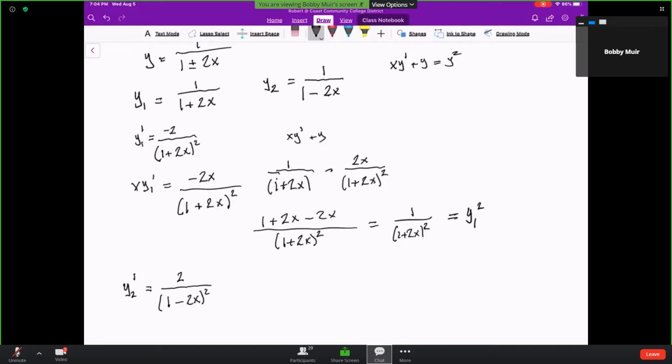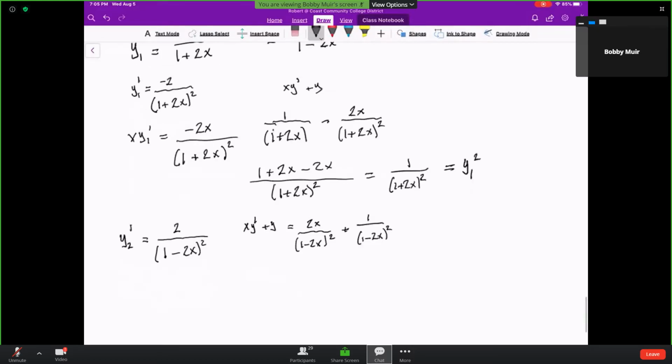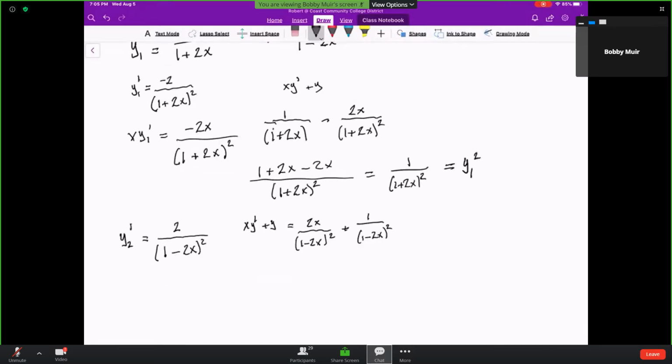And so x y prime plus y is going to equal 2x over (1 minus 2x) quantity squared plus 1 over 1 minus 2x.